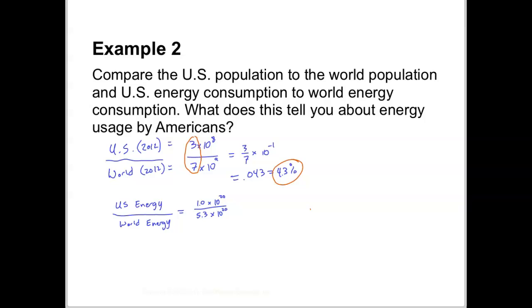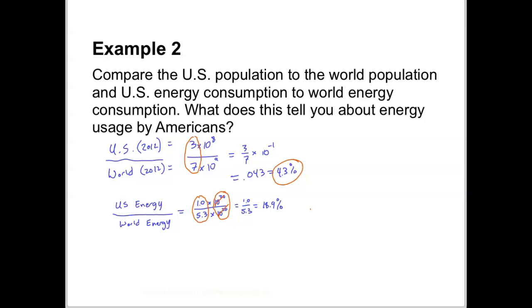And the same rules apply. So to simplify this, I would just divide the numbers in front, and divide the powers of 10. Powers of 10 are just going to divide out to 1. So now I'm just left with 1.0 divided by 5.3. Which, if we pop that into our calculator, is about 18.9%.